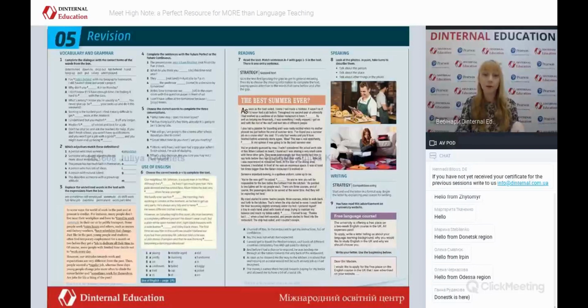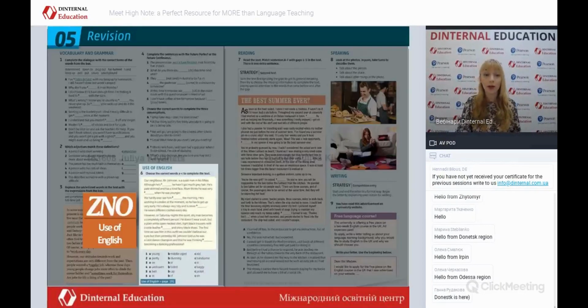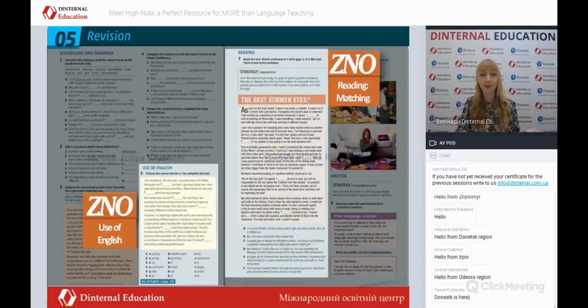Here, the authors of High Note created these revision pages to be fully exam preparation spreads. So if we leave for a moment the vocab and grammar part, because obviously that's important if we talk about revising after a unit, we've got use of English, multiple choice, ZenEO type task. We've got our reading, here it's matching, again, it's ZenEO type task.